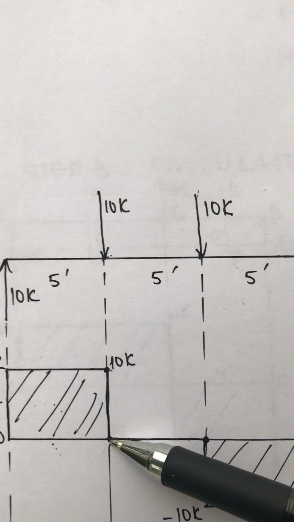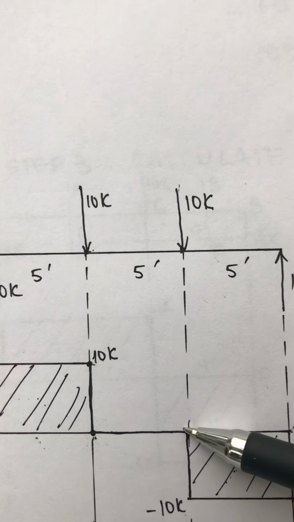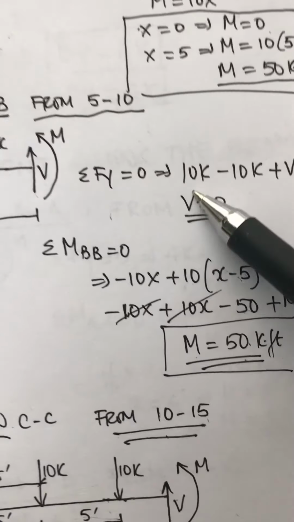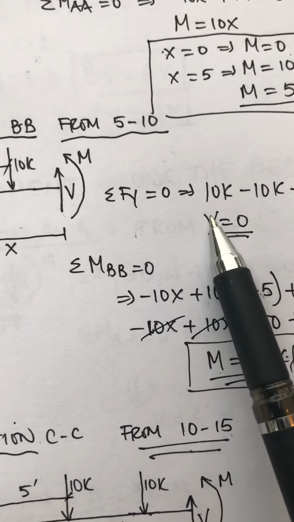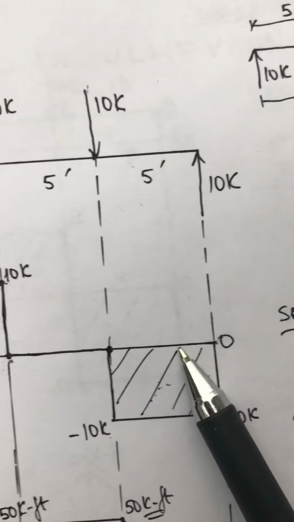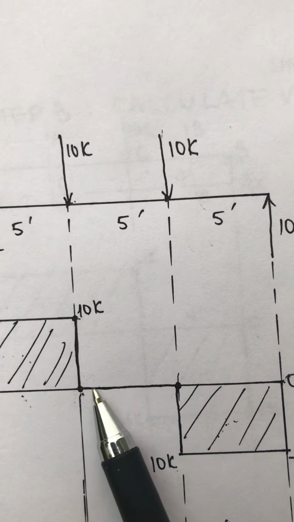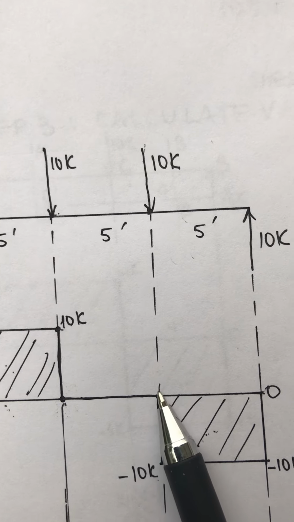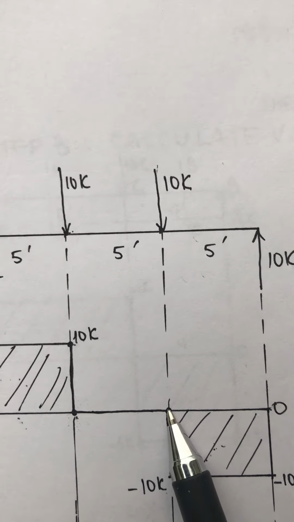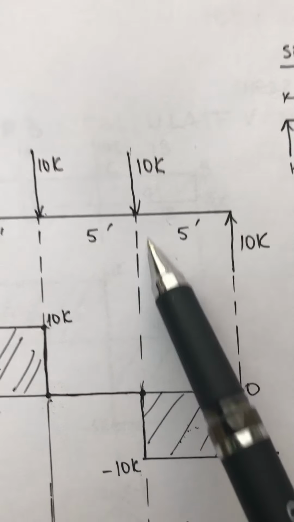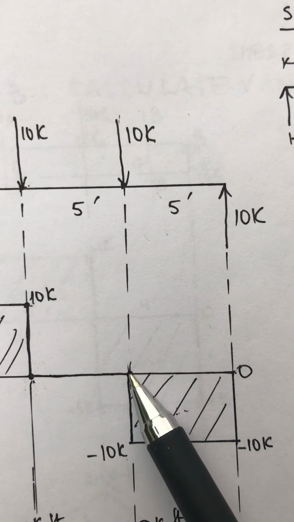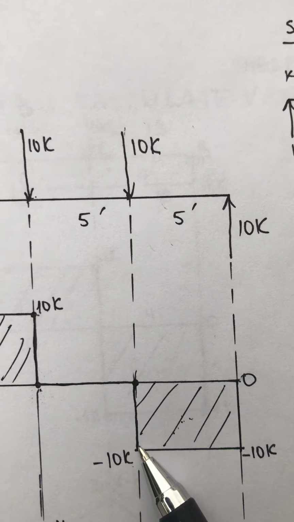And from 5 to 10, the calculation gave me what we have here. From 5 to 10, V is 0. So I know from 5 to 10, my V is 0. That's why I go until 10 at 0. And from 10, I know that I have a force of 10 going down. So from 10, I go down to 10, right there.